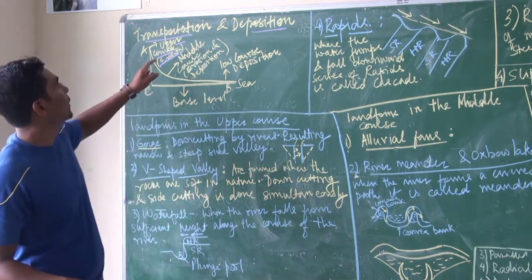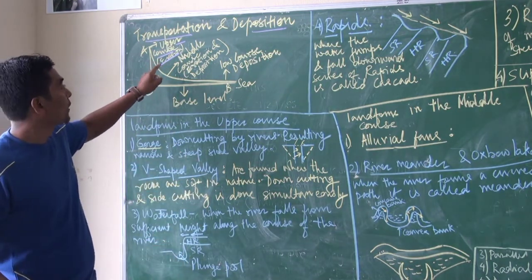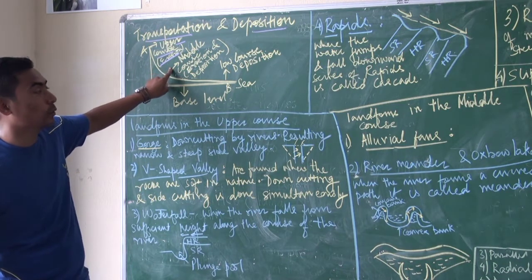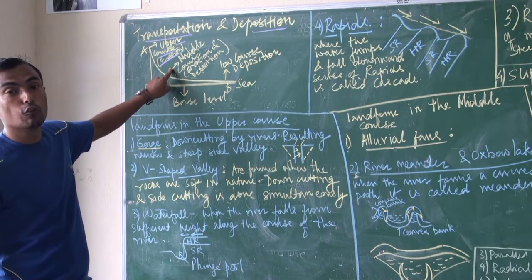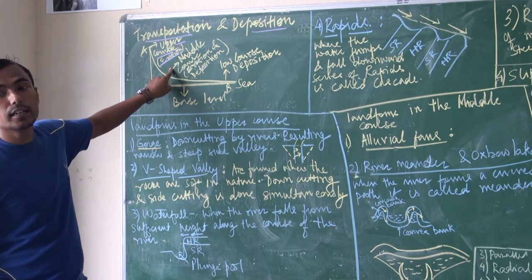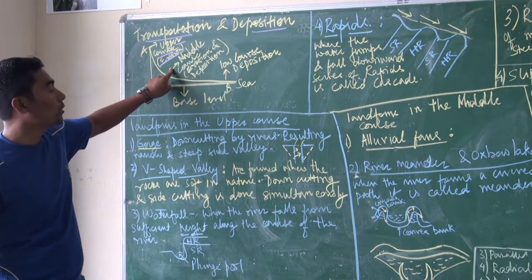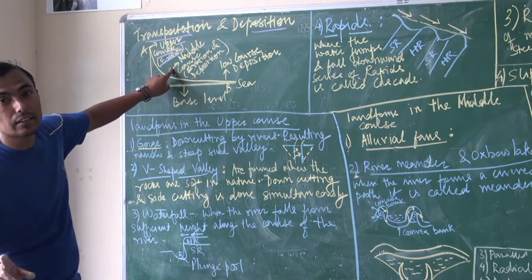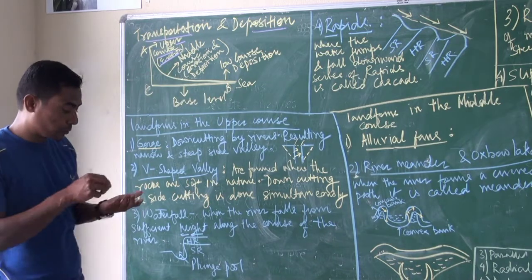Because we are in the upper course, in the hills we find only erosion, because the volume and the velocity of the water are very high in the upper course, resulting in erosion throughout its life in the upper course.